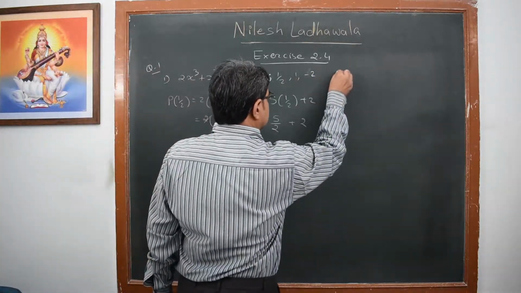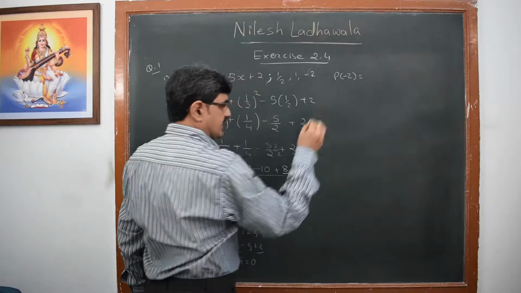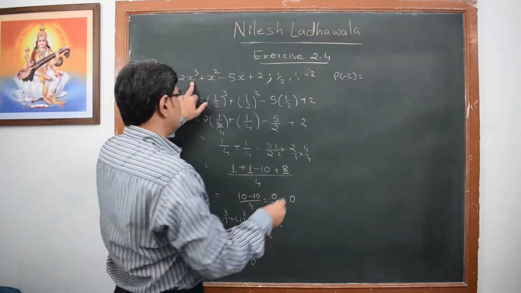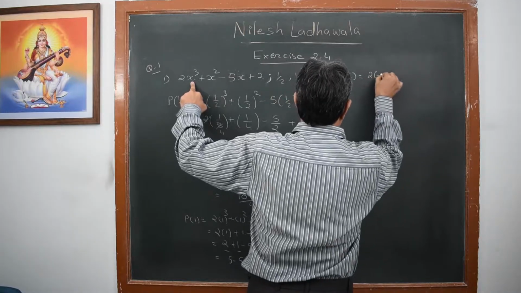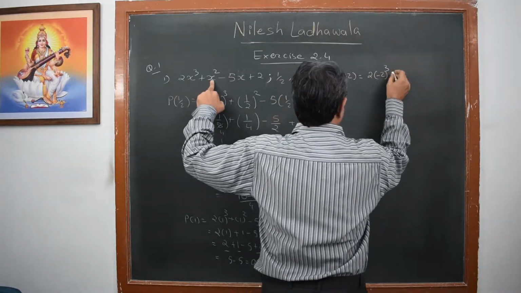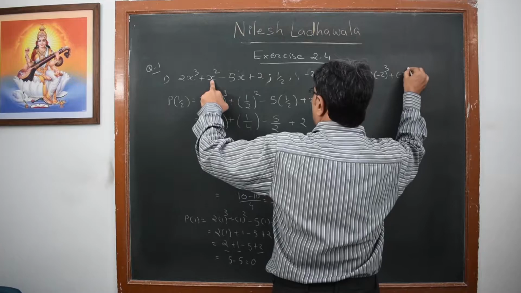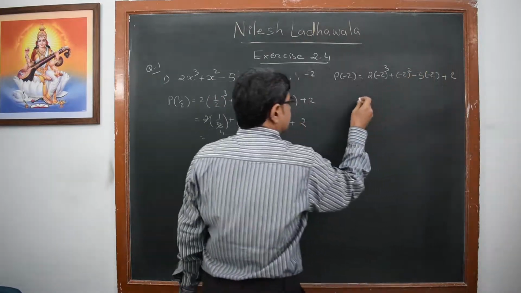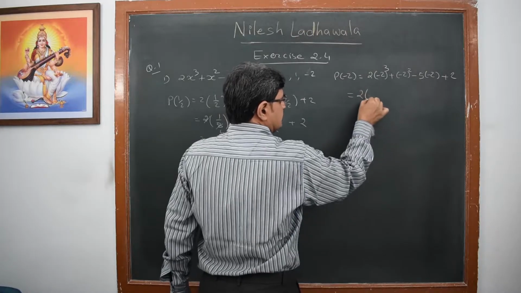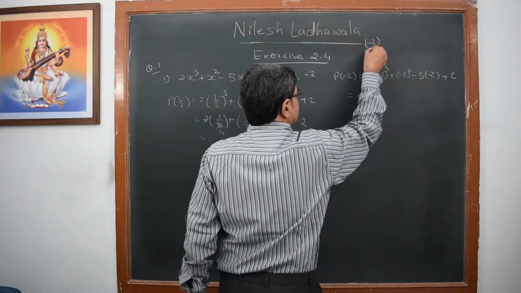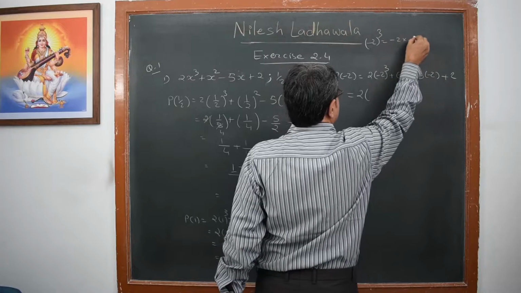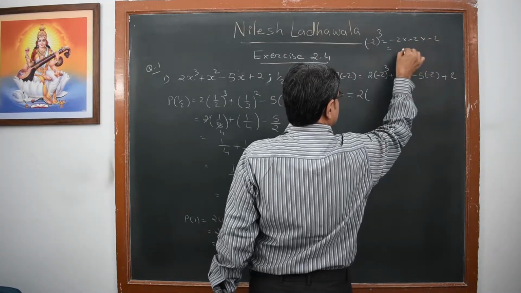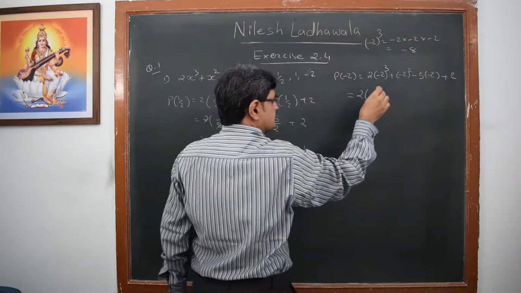Now I will substitute minus 2 in place of x. Wherever we have x, I will substitute minus 2. So it will be 2 bracket minus 2 whole cube plus minus 2 whole square, minus 5 into minus 2, and plus 2. Now the cube of minus 2 is minus 2 into minus 2 into minus 2. Minus into minus is plus, plus into minus is minus, and 2 2s are 4, 4 2s are 8.